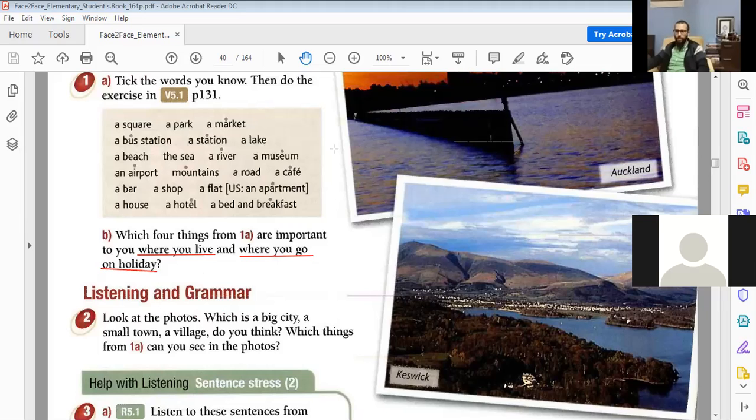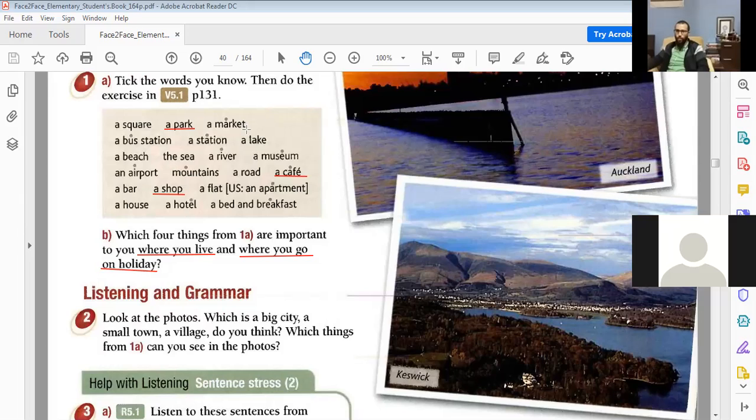So what do you think, Sazabil? Which places are important for you near your house or where you live? A park. A park, okay. What else? A shop. A cafe, maybe. A market, yeah.